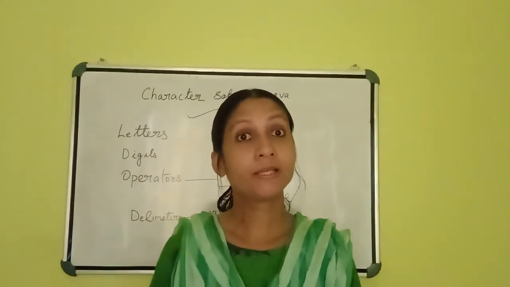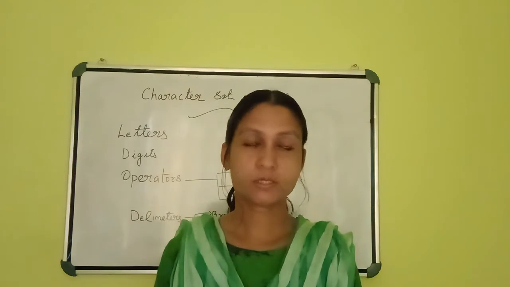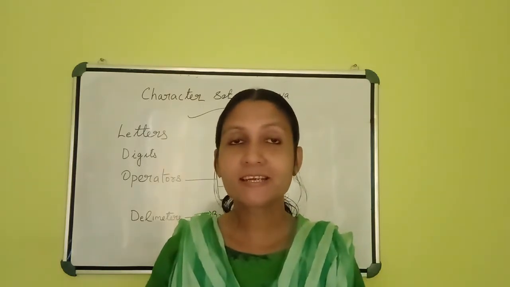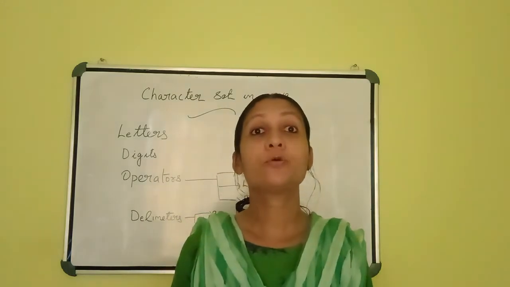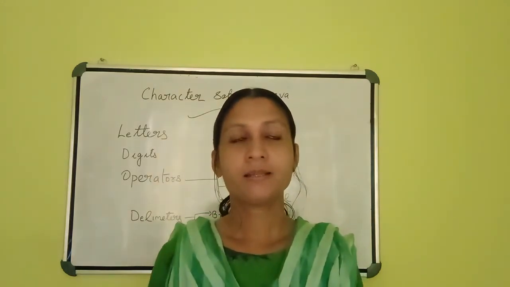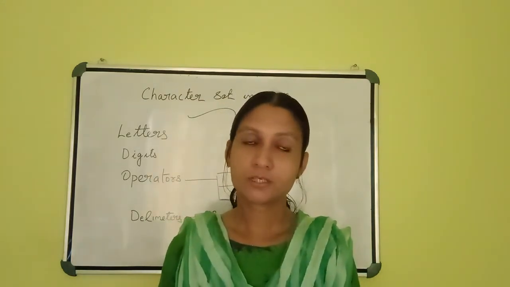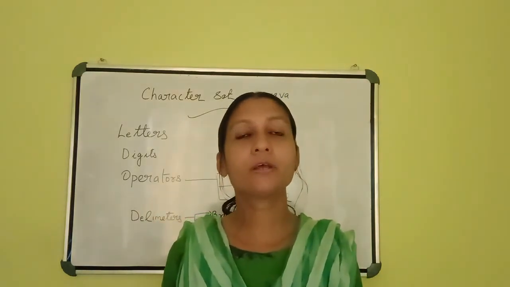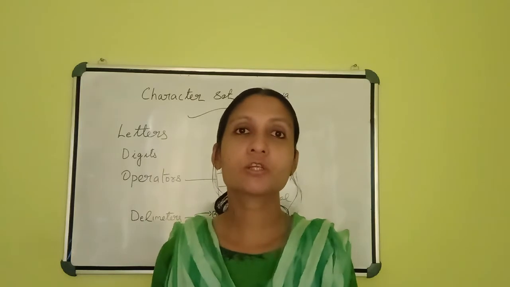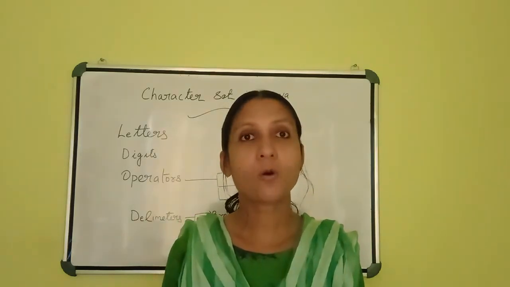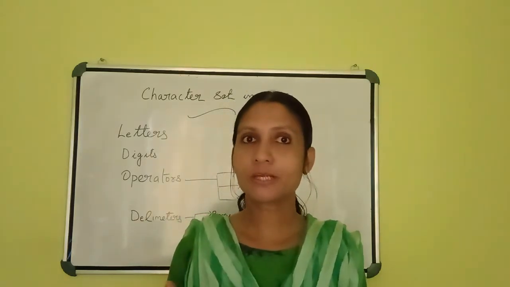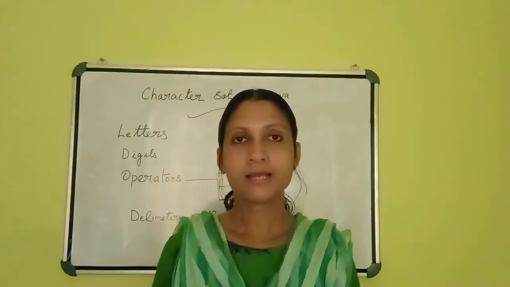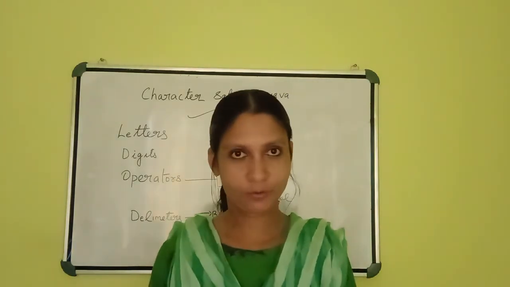When you type a character into the computer through the keyboard, the computer will consider that character in numerical form. While we enter the character, the computer will convert it into numeric form. How? There are two types of numeric forms: the first is ASCII code and the second is Unicode.